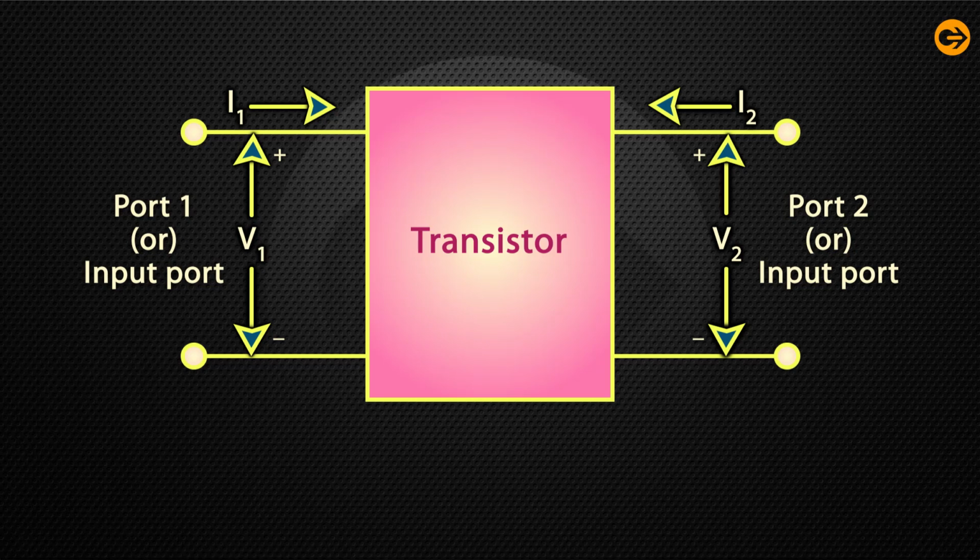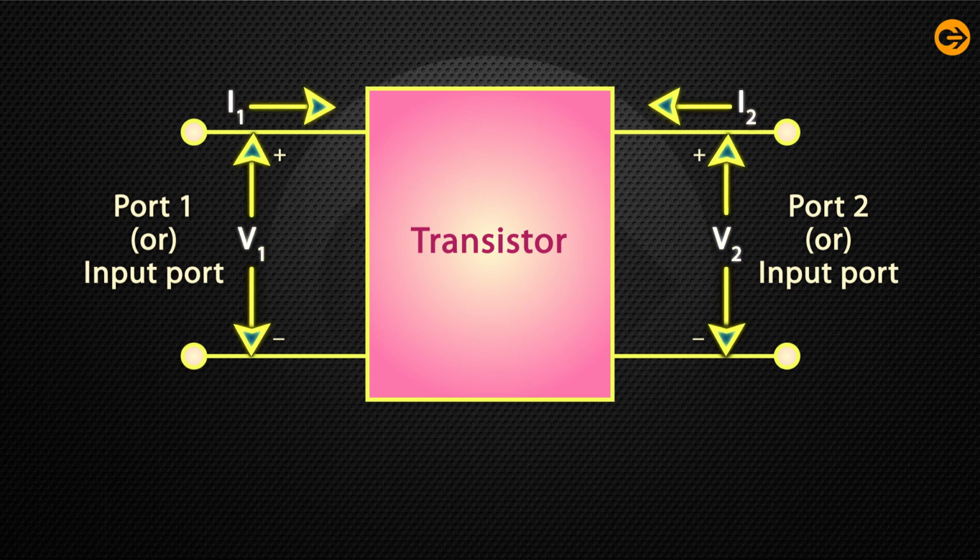The terminal activities of any two-port network can be given by the terminal voltages V1 and V2 at ports 1 and 2 correspondingly, and currents I1 and I2 entering ports 1 and 2 correspondingly.